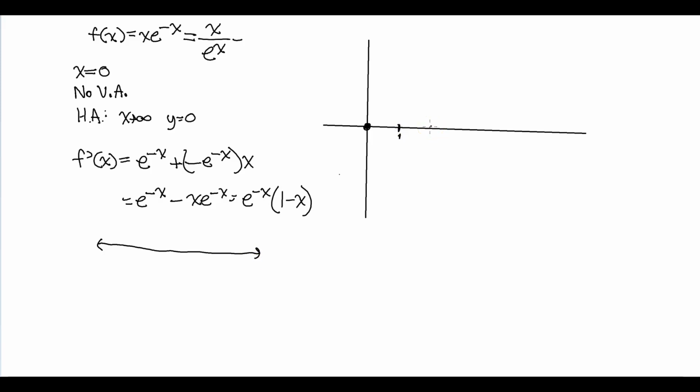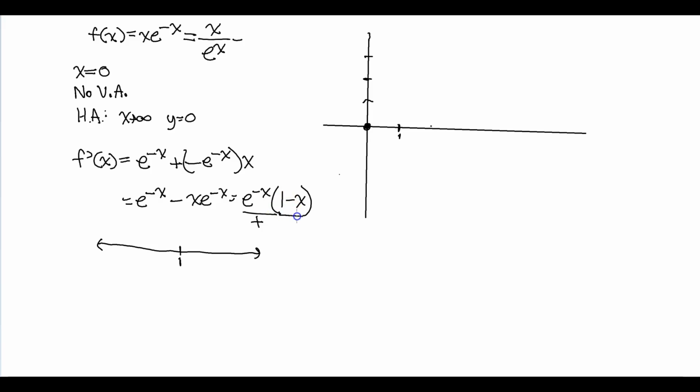Now, at x equals 1, what do we have? To the left and right, e to the negative x is always positive. An exponential is always positive, no matter what value of x you take.